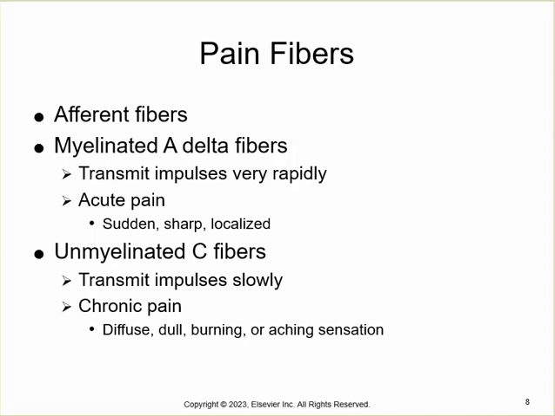The C fibers are unmyelinated. They're gray fibers. The action potential moves along them much more slowly, and they're involved with that dull, achy, burning pain. If you were to burn yourself, you have a sudden, sharp pain that causes you to withdraw.